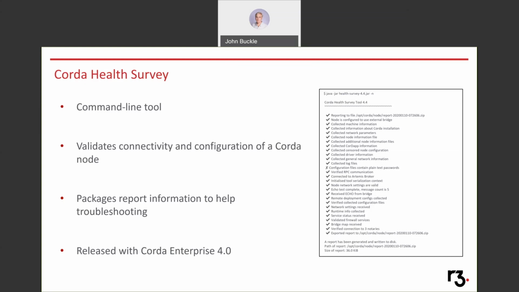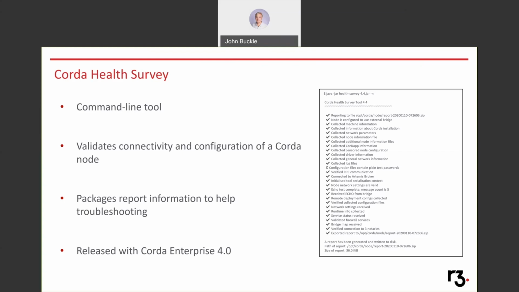Oh, definitely. One of the big problems we find with customer deployments in complex situations is the firewall configuration. So now with Health Survey 4.4, you can check whether your node can actually connect to a remote node on your network, and also connect to the notaries.